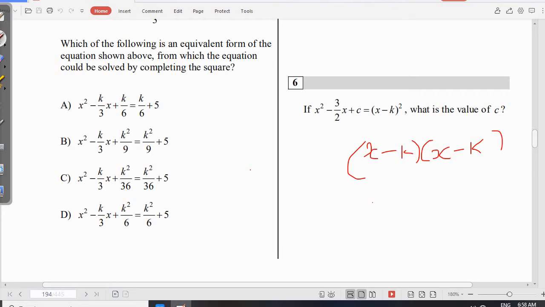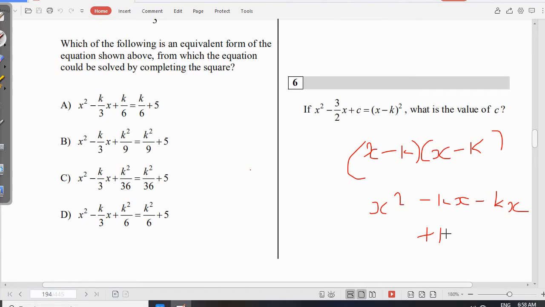So it is x squared minus kx minus kx plus k square.